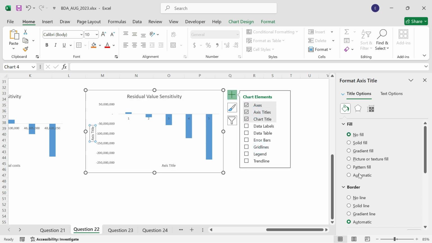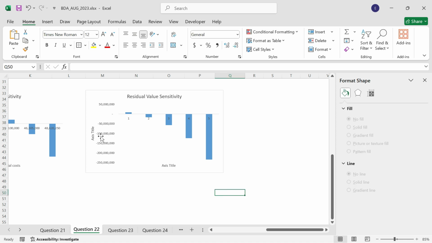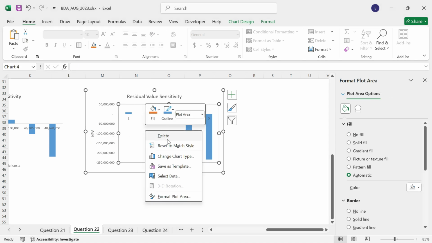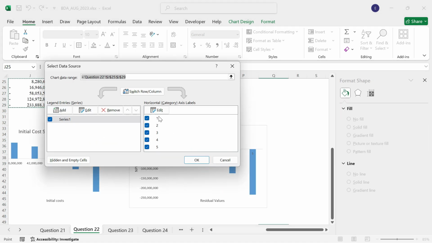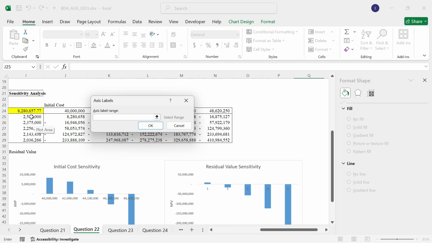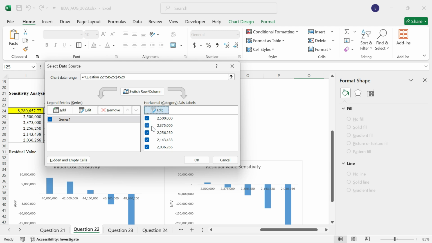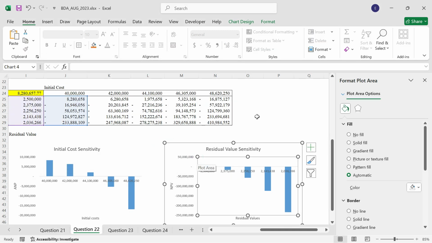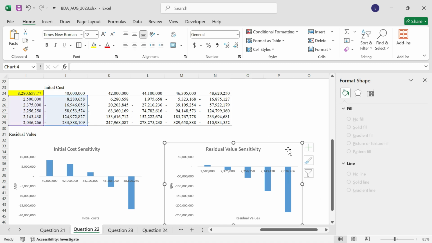A bit of formatting. This will be my residual values. This will be my NPV. This is my label.